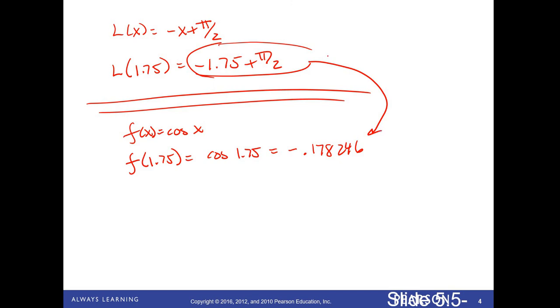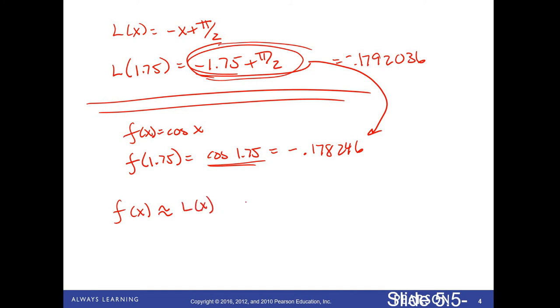As a matter of fact, if I put that in my calculator, I would get negative 0.1792036. So this value is a really good approximation for the cos of 1.75. So f of x is approximately equal to L of x for any value close to the x value that I choose. So that's linearization.